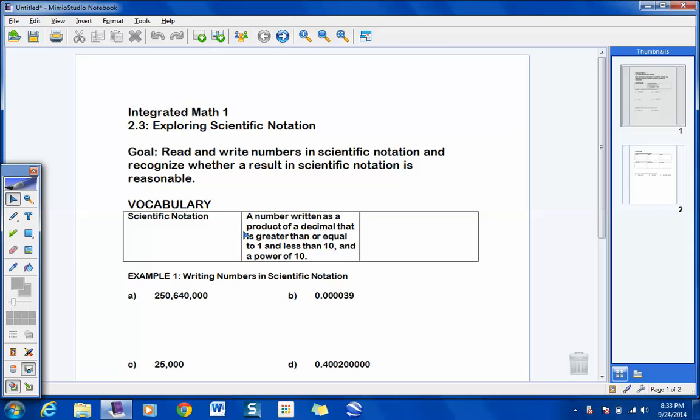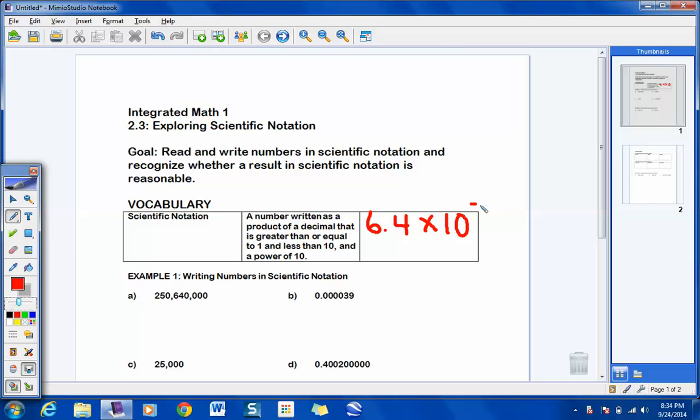So as an example, when they say that first number is greater than or equal to 1 but less than 10, I might say something like 6.4. That first number is going to be any number between 1 and 10. And then that second number that we're going to multiply it by is going to be some power of 10. So I might say it's times 10 to the third.